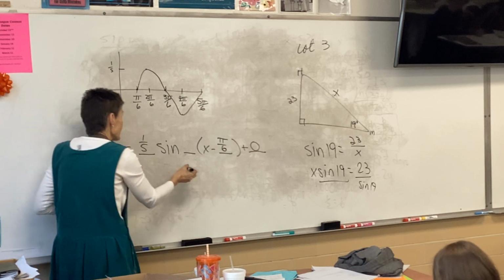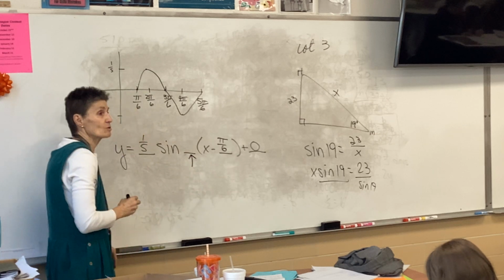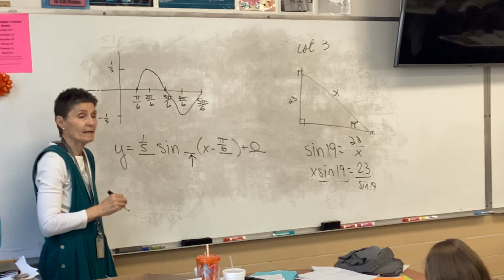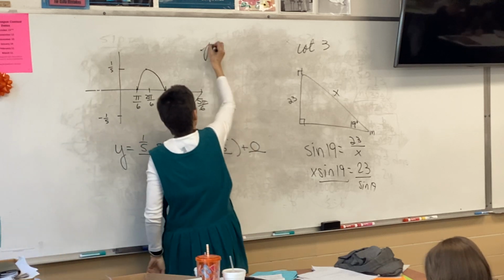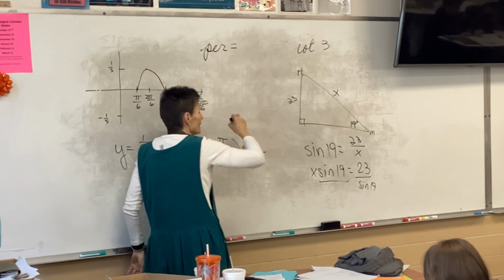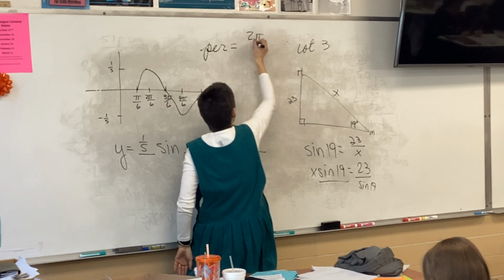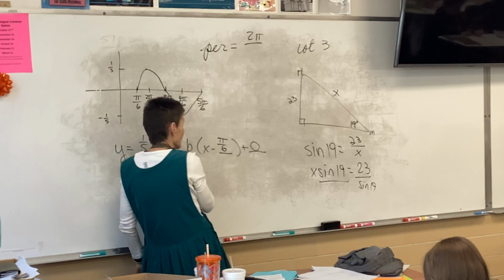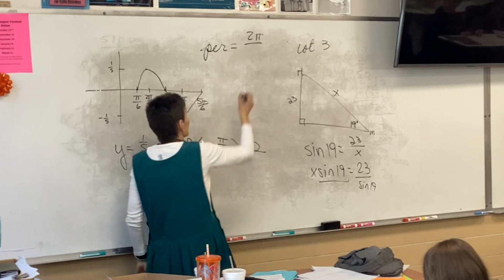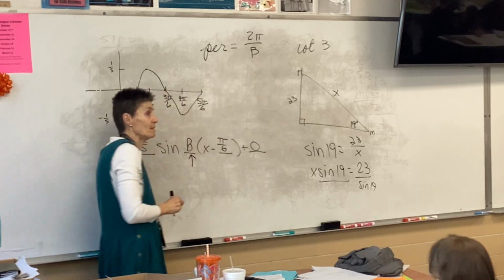Now, this number right here is always the tricky one, and it doesn't need to be. We know that our period is 2 pi divided by this number. I'm going to call it b. So that's 2 pi divided by b.